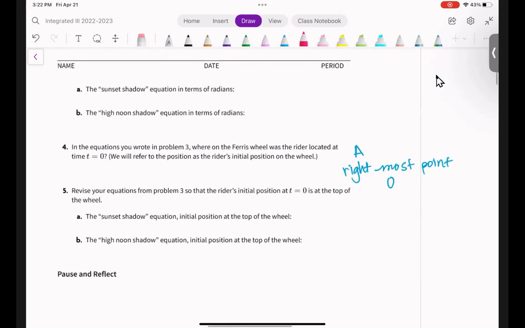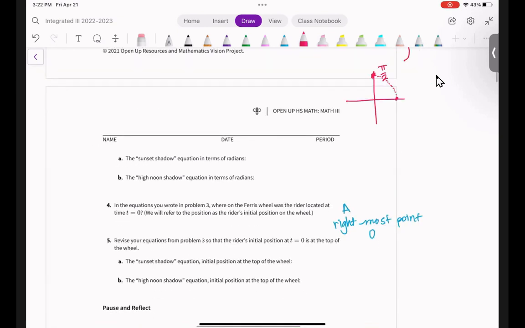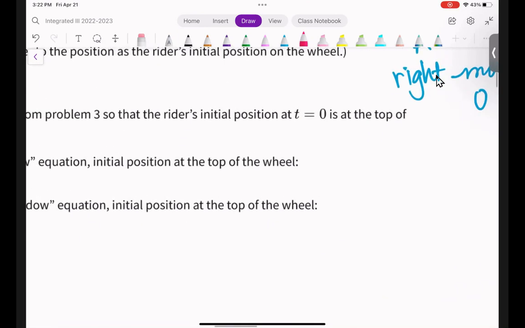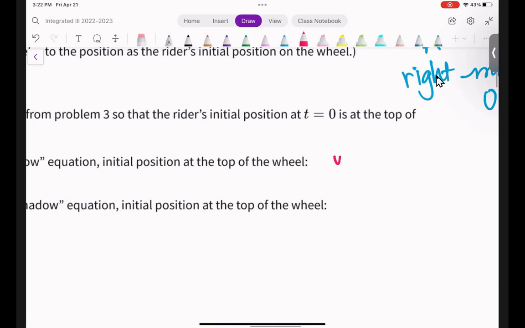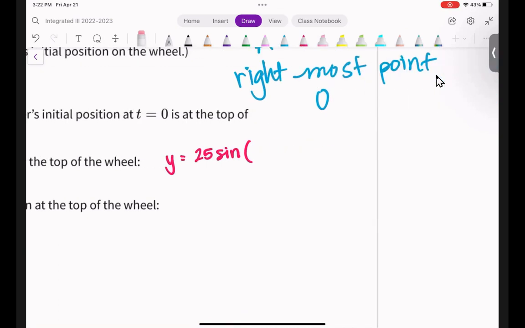Where does that go? Okay, so now I'm just going to write my equations. Instead of the sunset shadow, this is going to be y equals 25, still the same, sine of something, and I'm going to keep all of this the same, plus 30, right? The 25 didn't change, how high and how low he goes doesn't change.